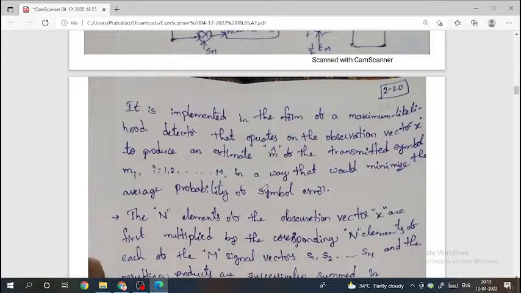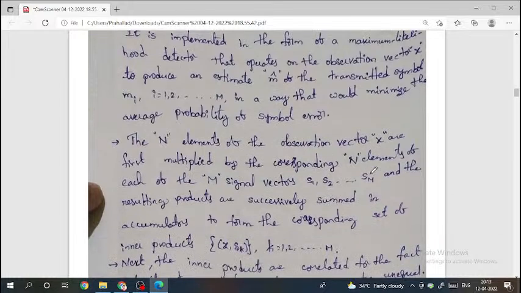So we transmit the symbol in such a way that the probability of error will be less. Next, the n elements of the observation vector x are first multiplied by the corresponding n elements of each of the m signal vectors.